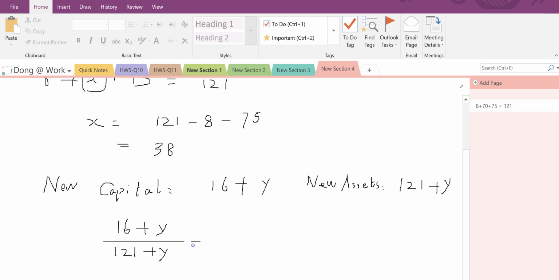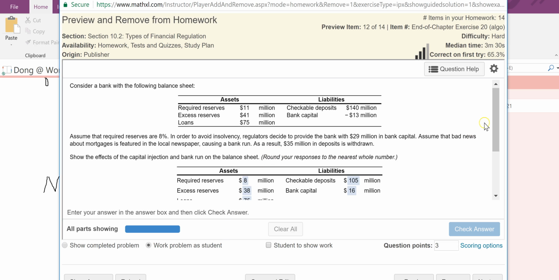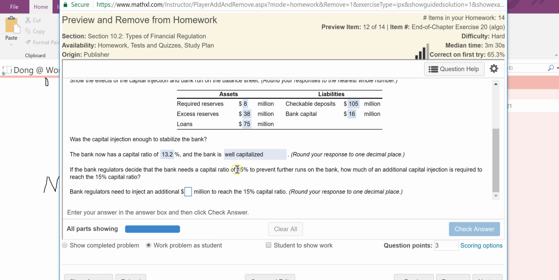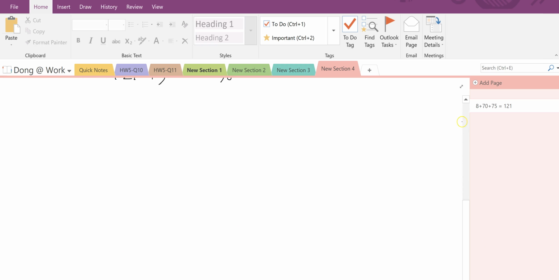And the setup tells us we need to make this new ratio 15%, right? Now you can see that this is one unknown and one equation. So you can solve this equation. How can you do that?